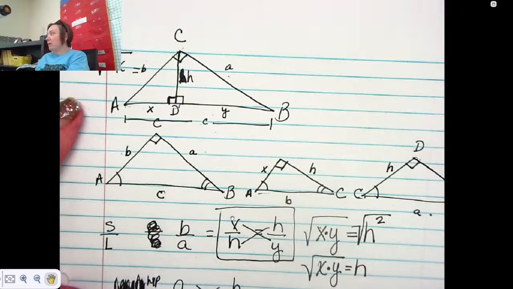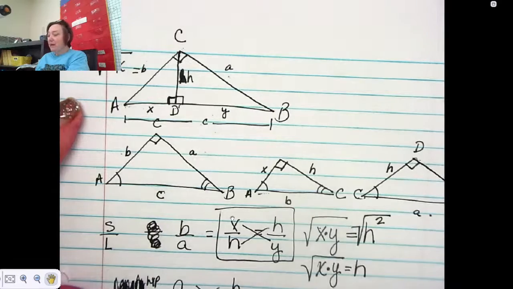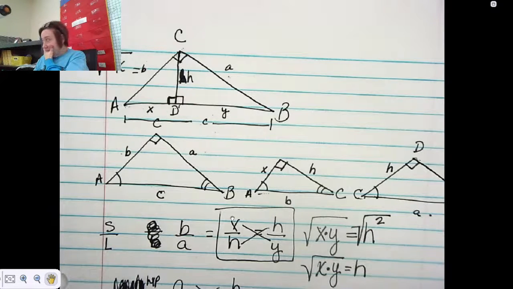Guess what's going to happen on the other side? What's your best guess? How are we going to find A? What do you think we're going to do? Any ideas?